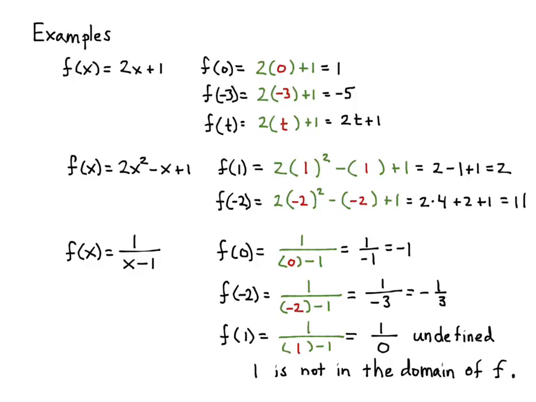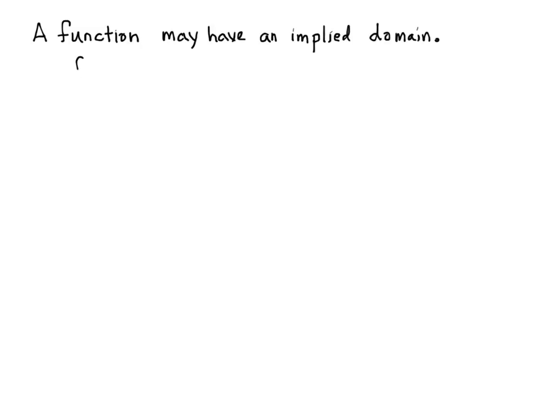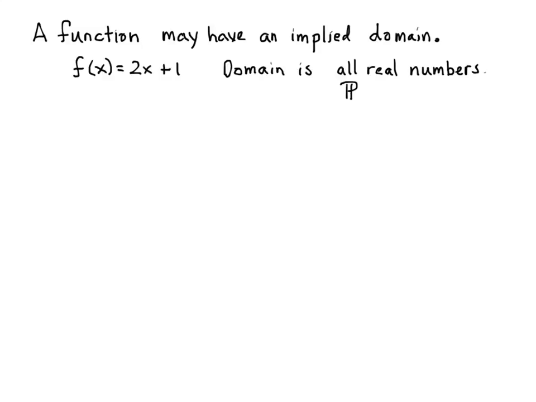And so we can refer to this as x cannot equal 1 as a domain restriction, or we can define the domain in a way that says we can't use a 1. So when we just have an expression that doesn't compute, we know that the function has a certain domain just by what works and what doesn't work.